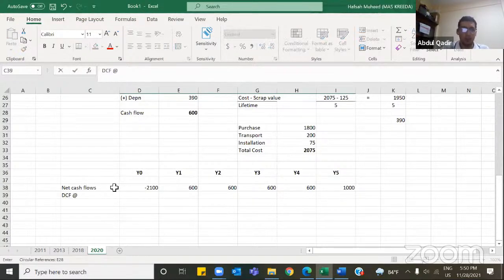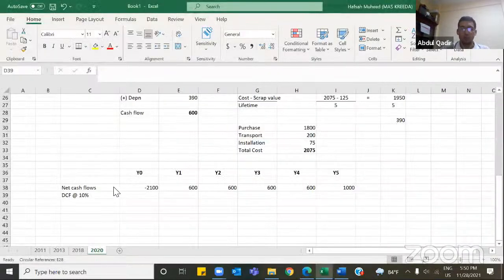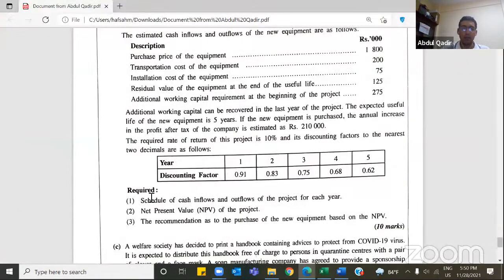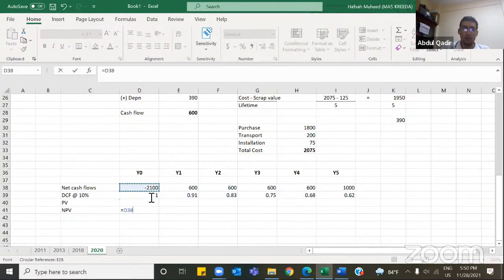Then you have your discounting factor, the question says at 10%. So you will put 1, then it's 0.9091, 0.8264, 0.7513, and 0.6830. Then you have the present value and the NPV, right?